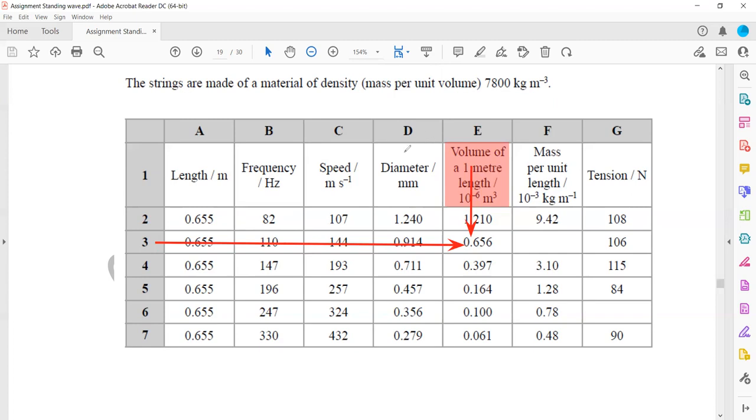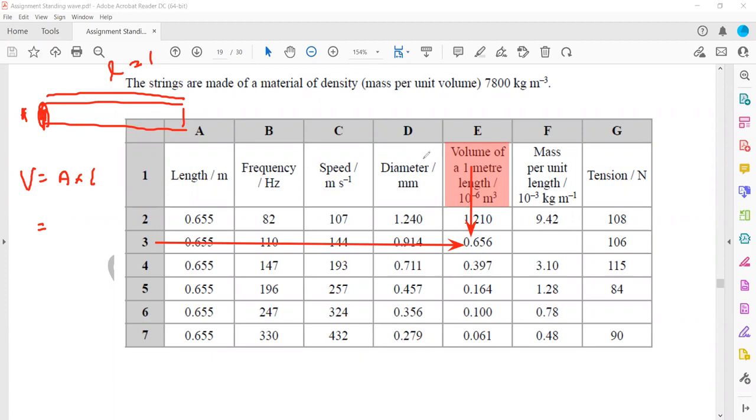If I want to find volume, because this is a string or a wire, using the diameter, first we can work out the area. Because area multiplied by length gives me the volume. But I want to find the volume of 1 meter length. So L is equal to 1. So the volume is area multiplied by length.